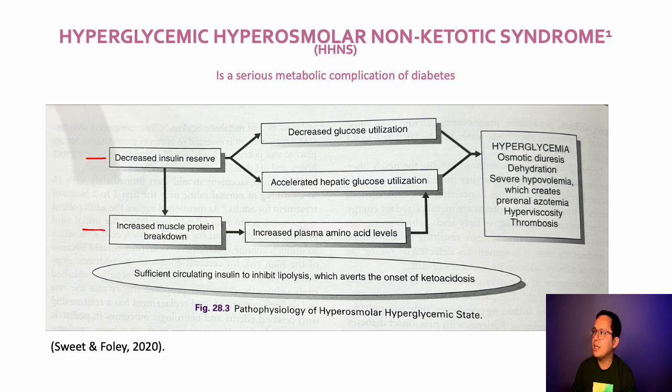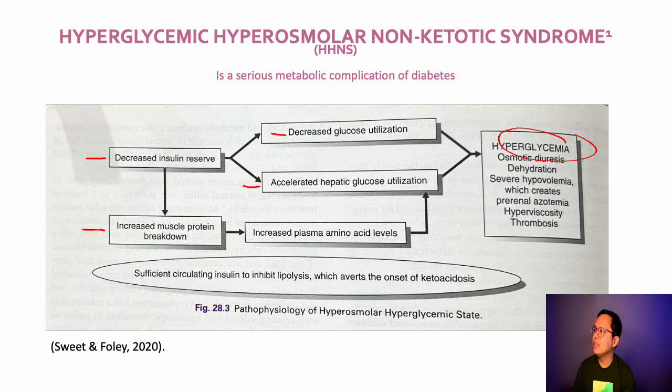After decreased insulin levels, there is decreased glucose utilization and accelerated hepatic glucose production. Remember glucagon? It causes breakdown, causing hyperglycemia. So simple, no?